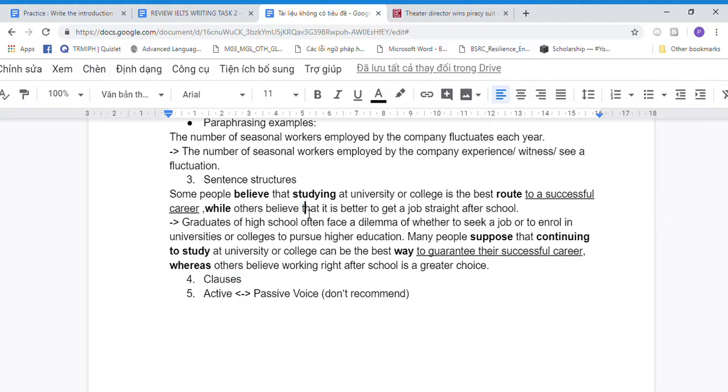In the first case, in the original sentence, I used that, and then there is a clause after it. But in this sentence, I don't use the clause.